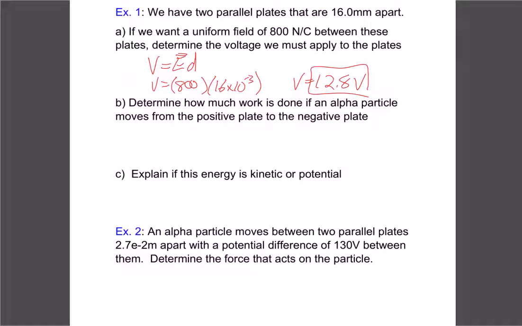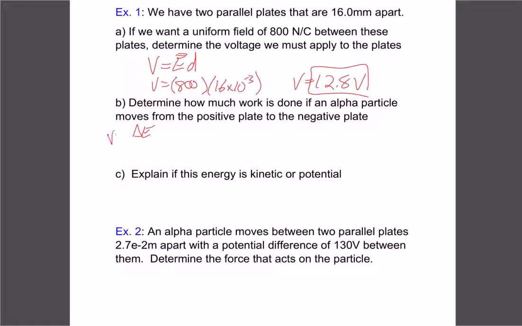The next part of the question is how much work is done if we move an alpha particle from the positive plate to the negative plate. Okay, so we want to calculate the work or the energy, so we're looking for change in energy. We know our voltage and we know how much charge an alpha particle is, so we want to use the old formula now.